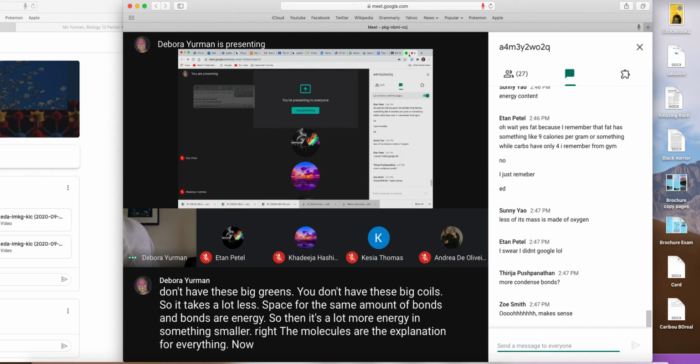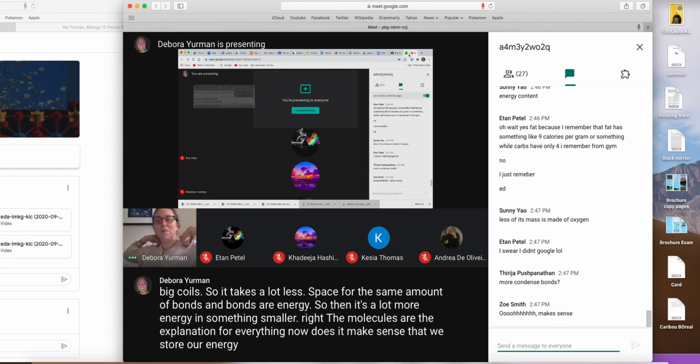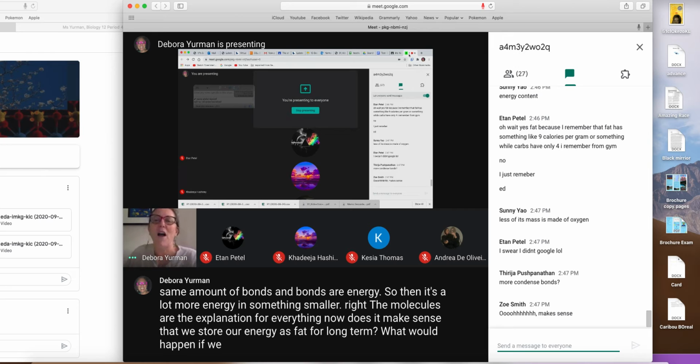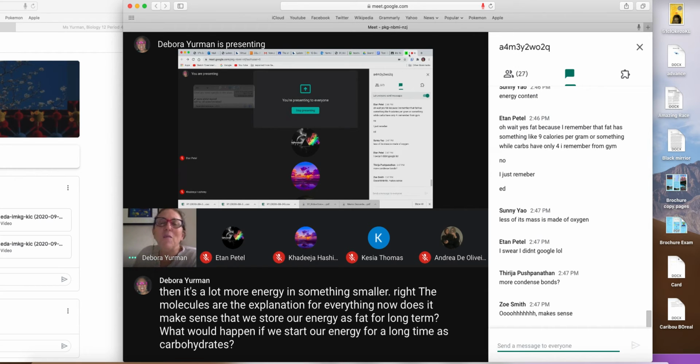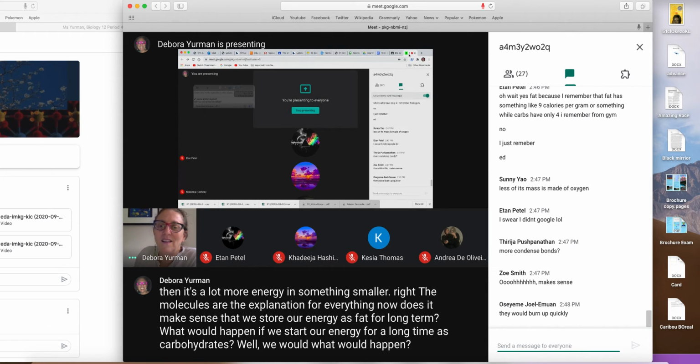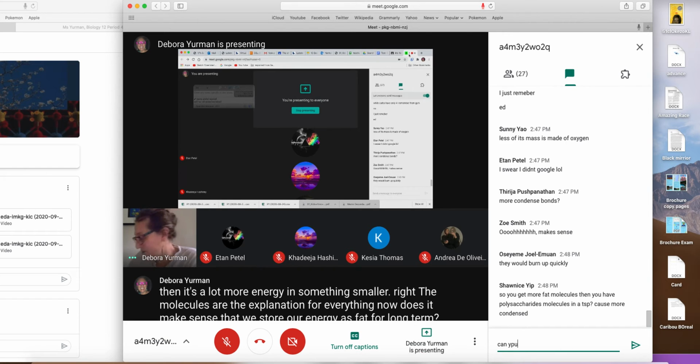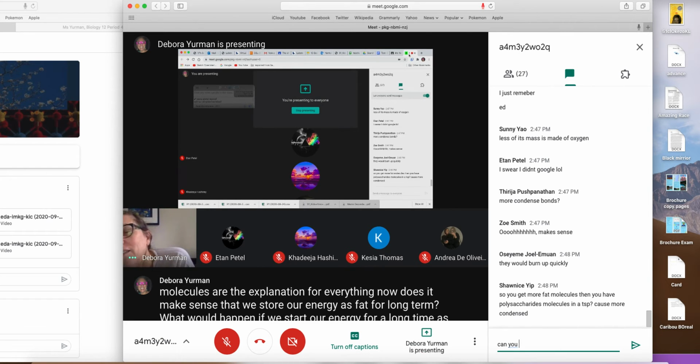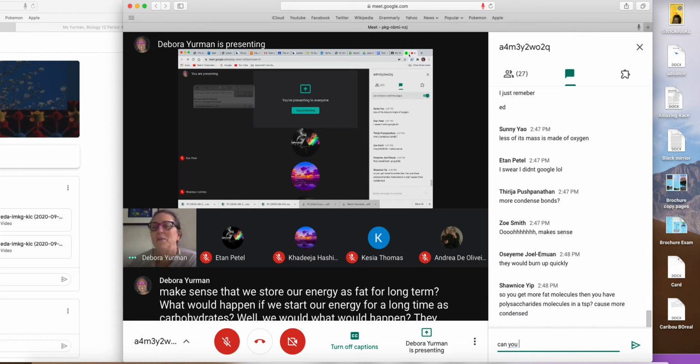Does it make sense that we store our energy as fat for the long term? What would happen if we stored our energy for the long term as carbohydrates? What would happen? They would burn up quickly, you're right, but also what would we look like? Yes, Shawnies.